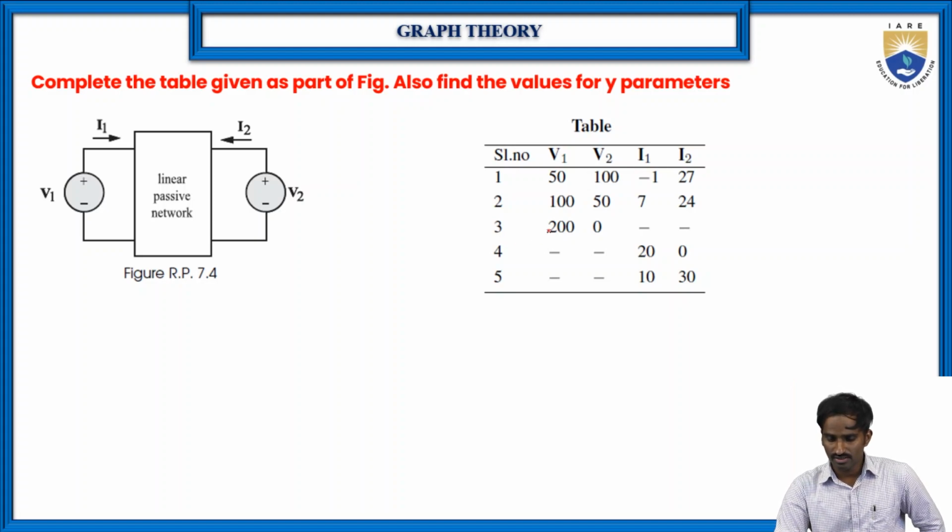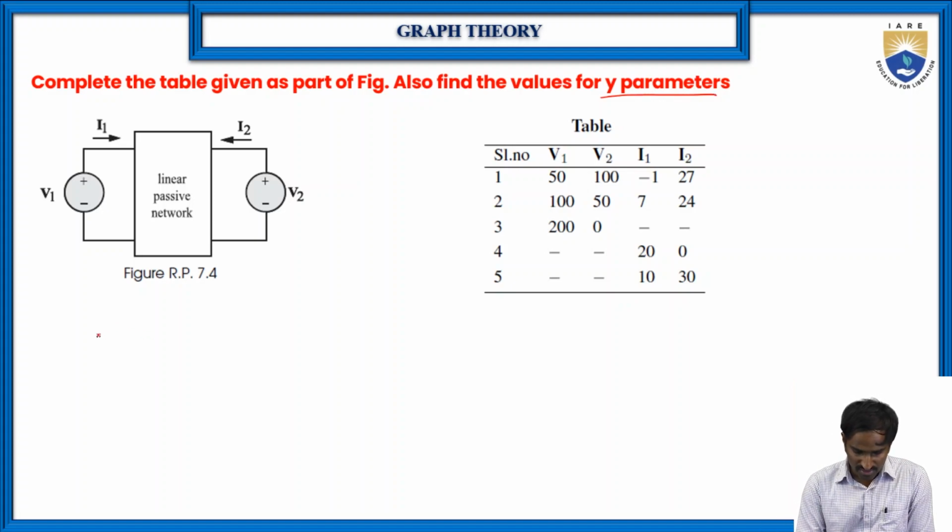But in the third, fourth, and fifth rows, some values are missing. In the third row the current values I1, I2 are missing, and in the fourth row the voltage values V1, V2 are missing, and similarly in the fifth row the voltages V1, V2 are missing. So we have to find these missing values by using the given table. First of all, they have given the hint to use the values of the y parameters.